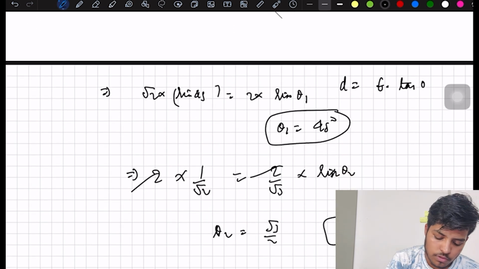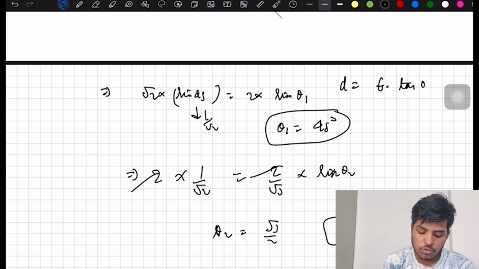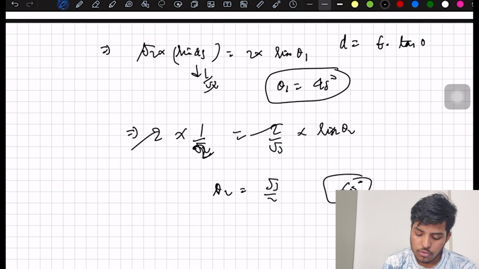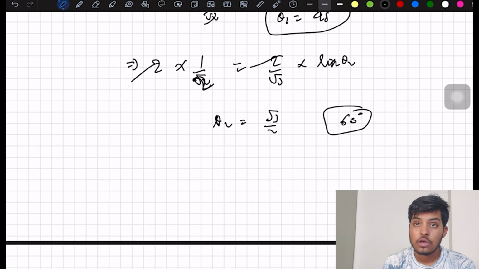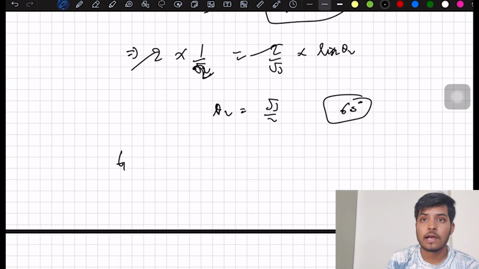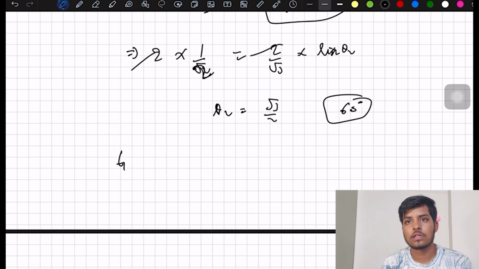So sine 45 is 1 upon root 2, root 2 gets cancelled, 1 upon 2, and root 3 upon 2. So theta 2 equals 60 degree. For lateral displacement, it has been mentioned that there is no net lateral displacement, so there will be a lateral displacement in the opposite direction with the same magnitude.